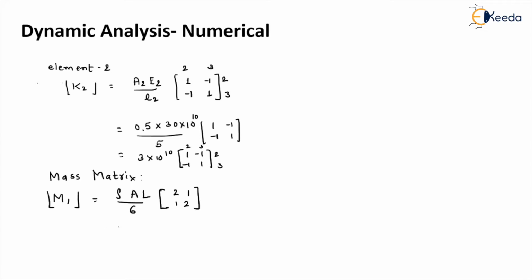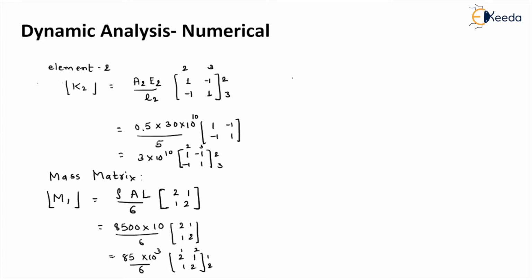Directly we are taking the value for the mass matrix. If we put all the values, we get 85 into 10 raised to 3 divided by 6 times 2 1 1 2. Now this is element number 1, so 1 2 1 2.